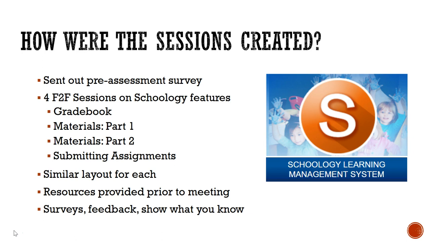So with this information, I decided to create 4 sessions every 2 weeks, and so I chose that 3 sessions would be on the gradebook and materials, and I purposefully left the last session undecided, and I allowed feedback to drive the topic of this last session, which I'll touch on later.